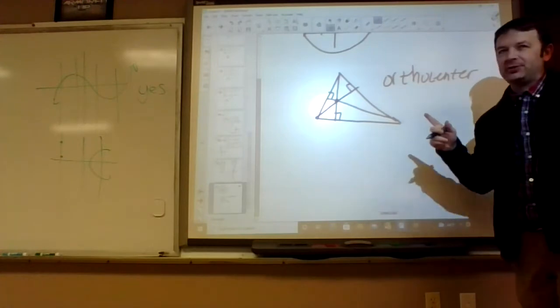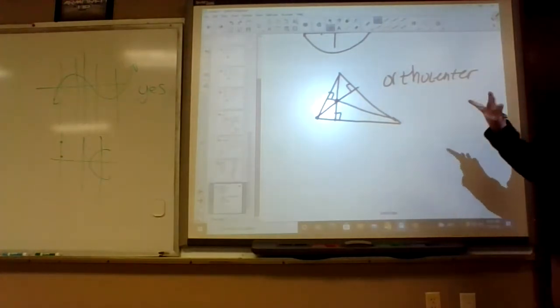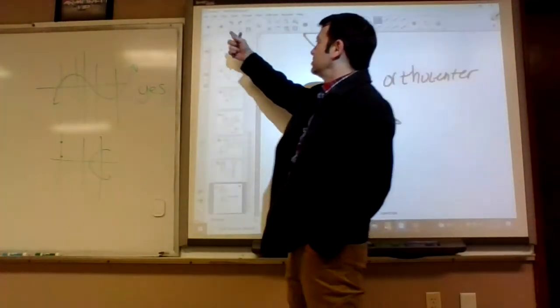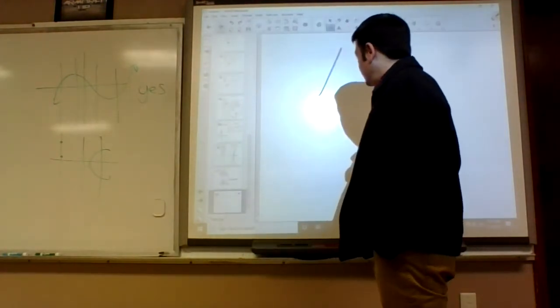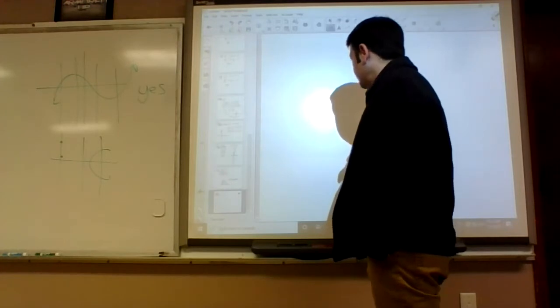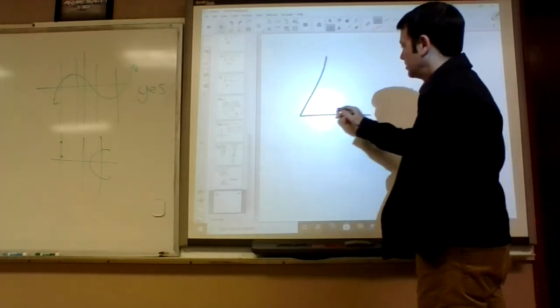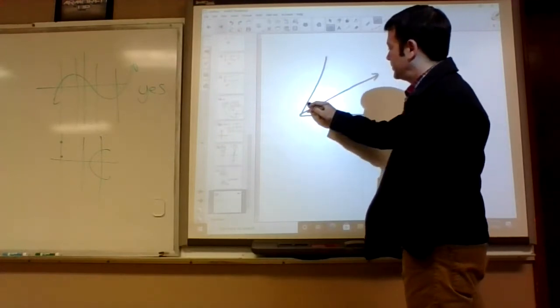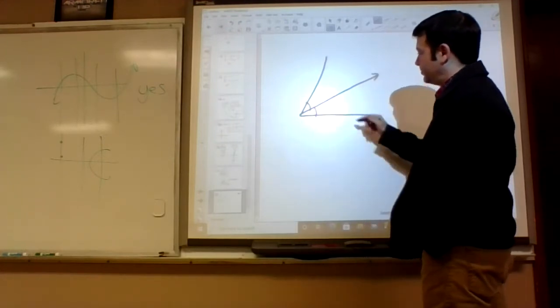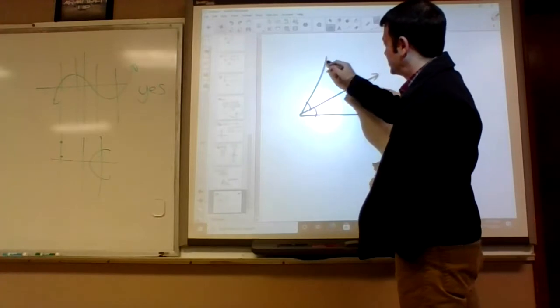And then today we got two new ones to add on. There are four altogether. We got two new ones for today. Actually, before I do the new ones, I should do... okay. If these two angles right here are the same, what kind of thing is this?